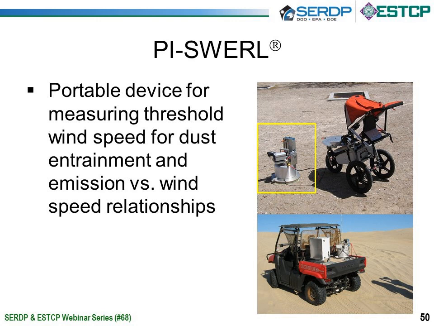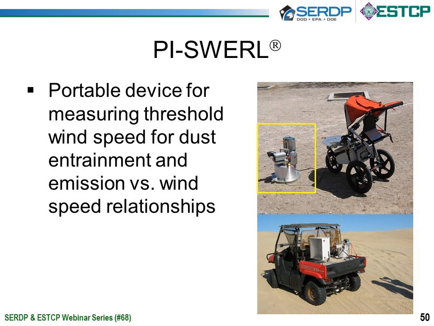In the lower picture, you're seeing its use at the Oceano Dunes State Vehicular Recreation Area in Oceano, California, where I am right now, where we used the PI-SWERL to develop an emission grid for the whole dune system. That enters into some modeling that we do to understand the downwind impact of the dust emissions from the Oceano Dunes.